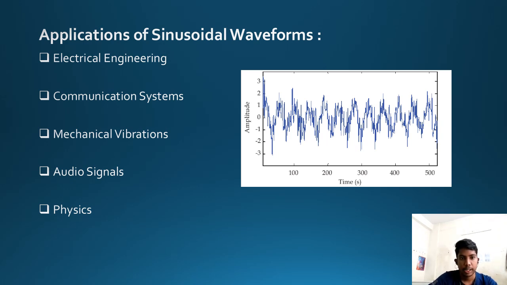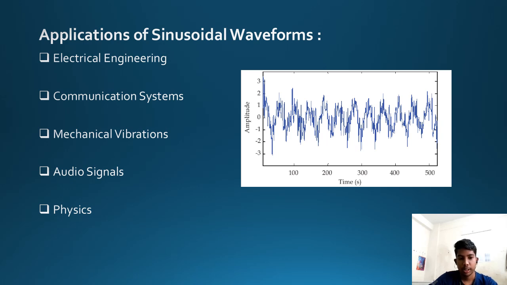Coming to the applications, the major application is electrical engineering. An example is AC power supply. Sinusoidal waves are the standard form of voltage and current because they minimize energy losses during transmission.